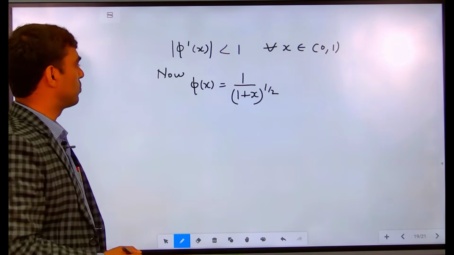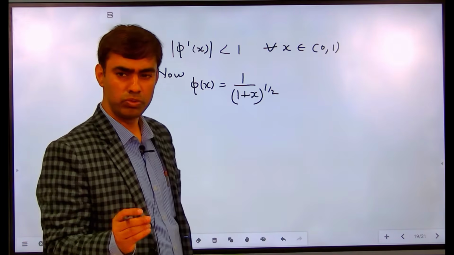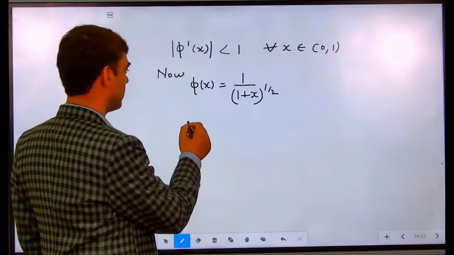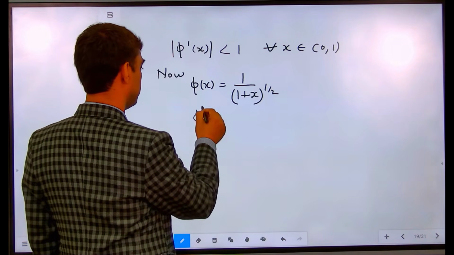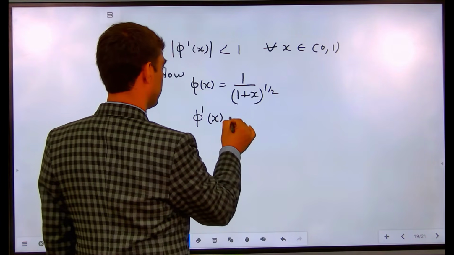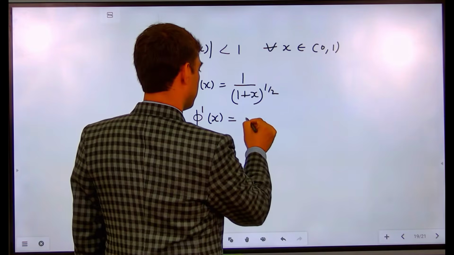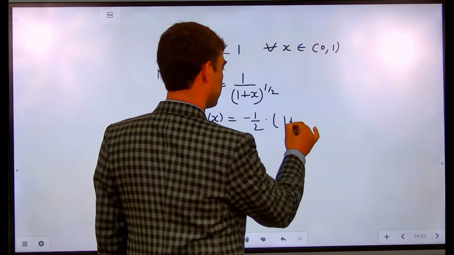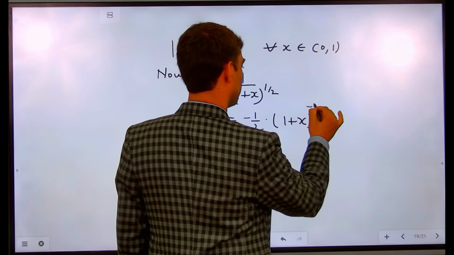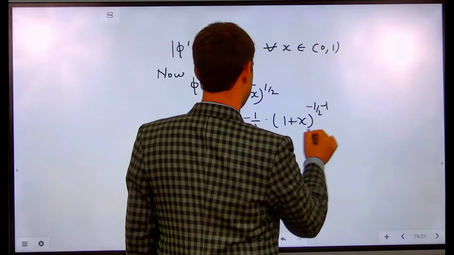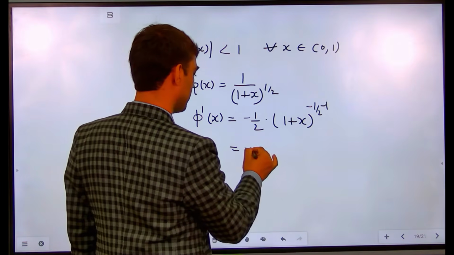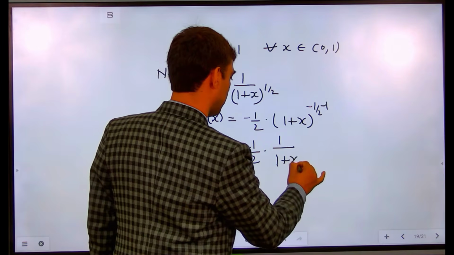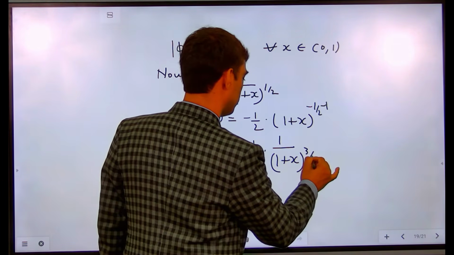Now there is a need to find the value of phi dash x. Phi dash x equals minus 1 by 2 into (1 plus x) to the power minus 1 by 2 minus 1. So this becomes minus 1 by 2 into 1 upon (1 plus x) to the power 3 by 2.